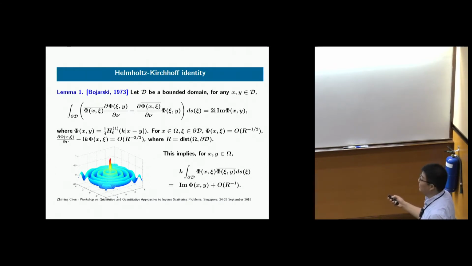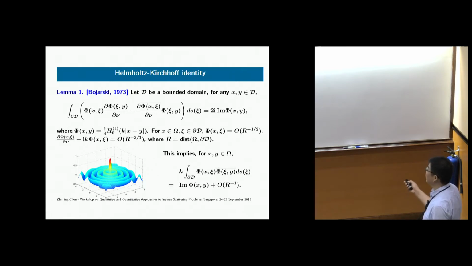That means you know the fundamental solution on the boundary, but you don't know the normal derivative. If the boundary is a circle, we have the Sommerfeld approximation, and you can replace this normal derivative by ik times phi. This is the data. And for each point in the domain, you know the fundamental solution.